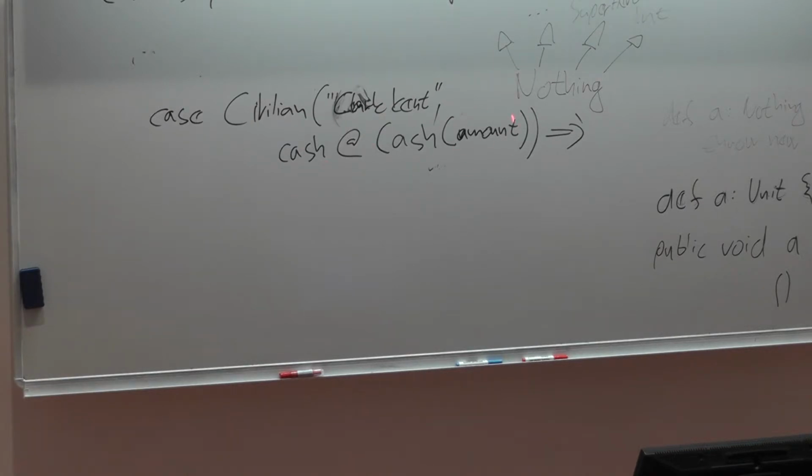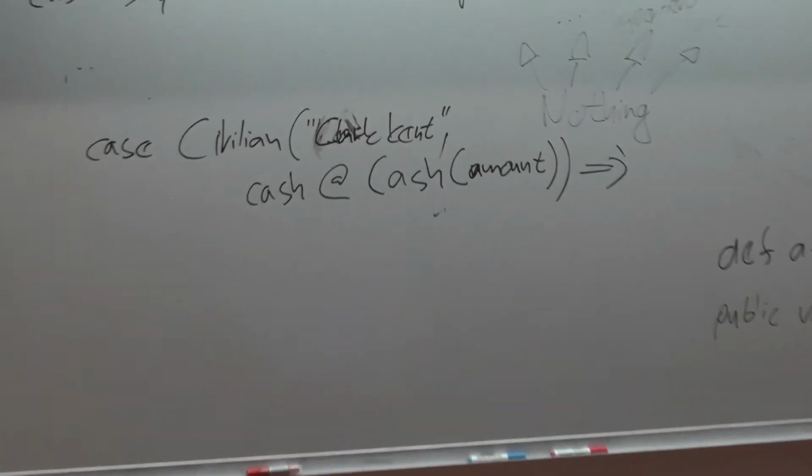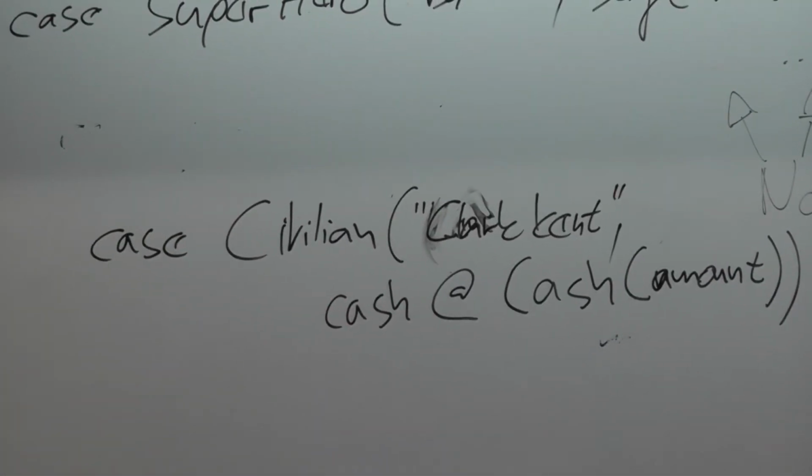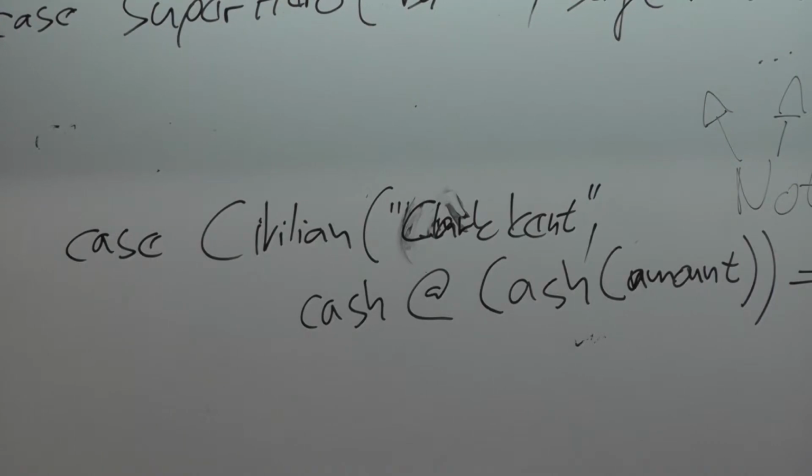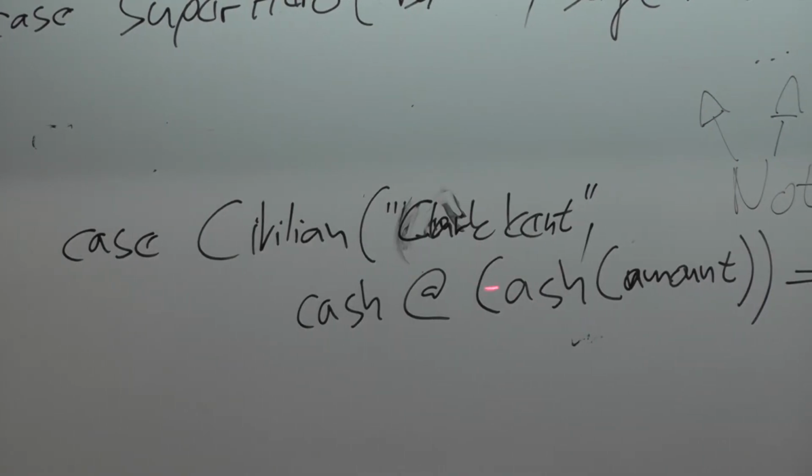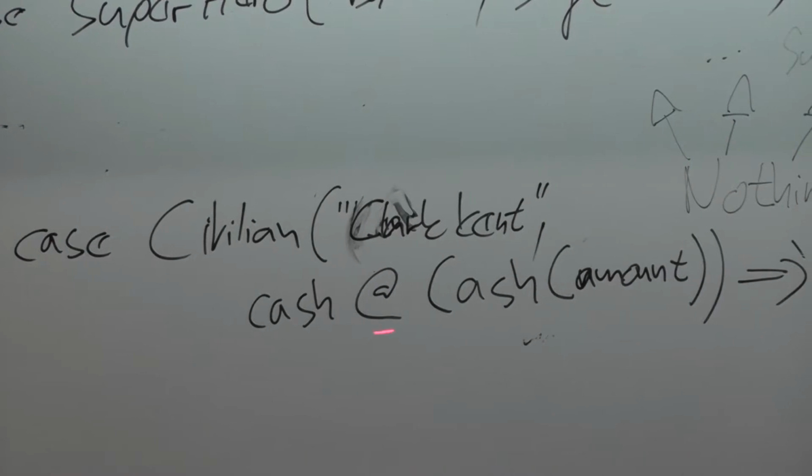So amount is of type integer, and this variable is of type cash. The whole expression is here. So this is what the at symbol is used for.